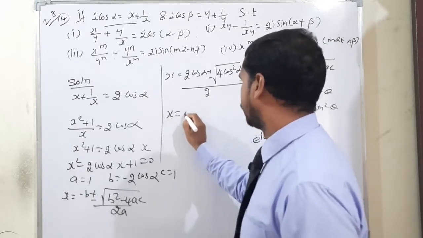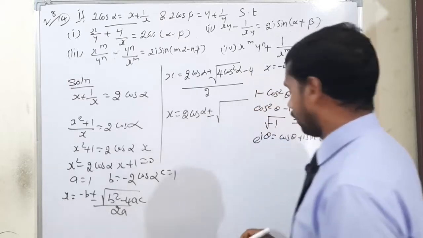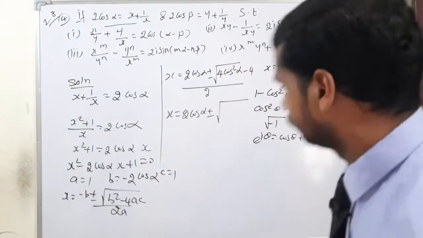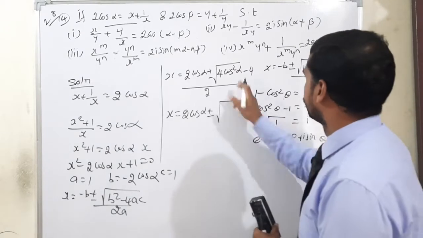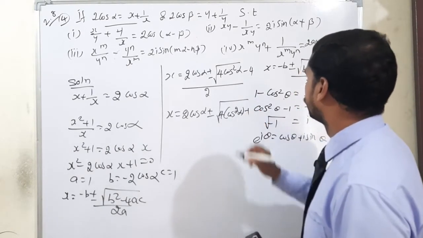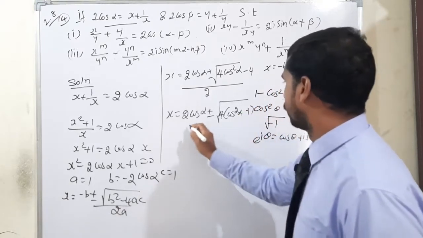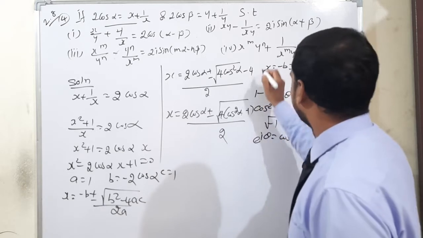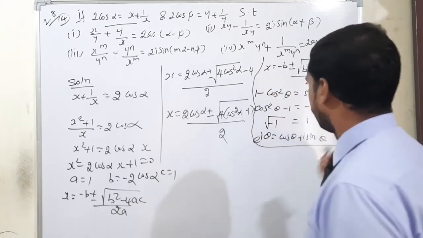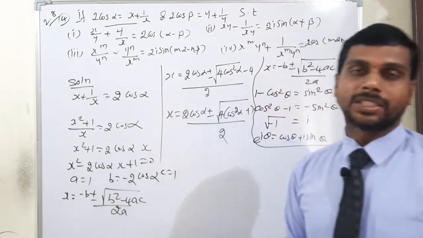The next line: x is equal to 2 cos alpha plus or minus square root of, taking 4 common outside, cos square alpha minus 1 will come, isn't it? Now 4 times cos square alpha minus 1, the whole term, divided by 2. So again, taking 4 common outside, square root of 4 is the perfect square 2.